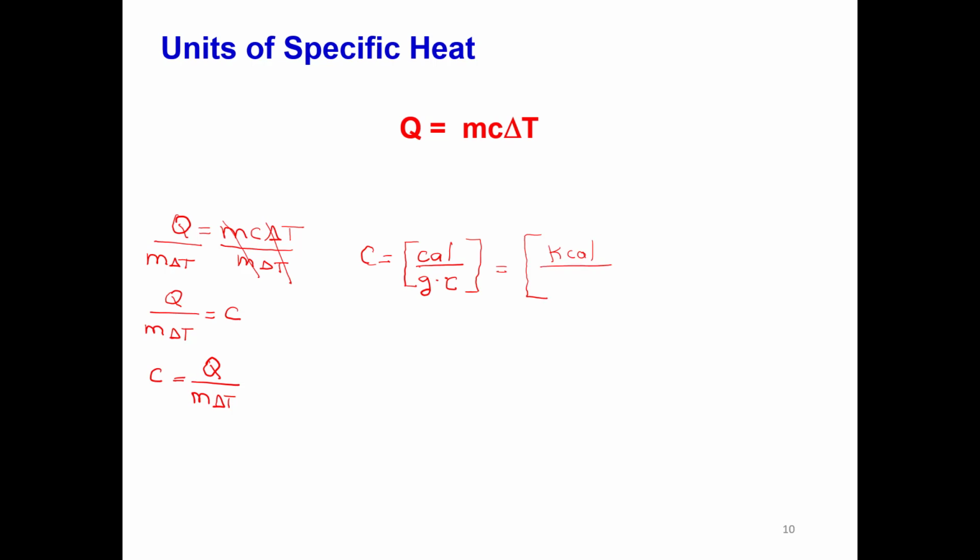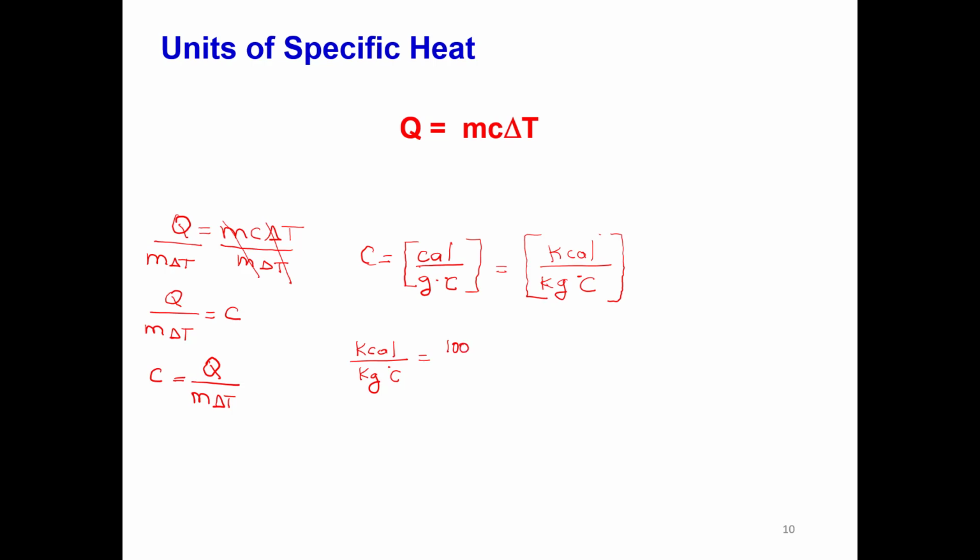Now we want to show that these units are the same as kilocal over kilogram per degrees Celsius. Let's show these two units are equivalent, starting from this side. We know kilo means 1,000, or 10 to the power 3.